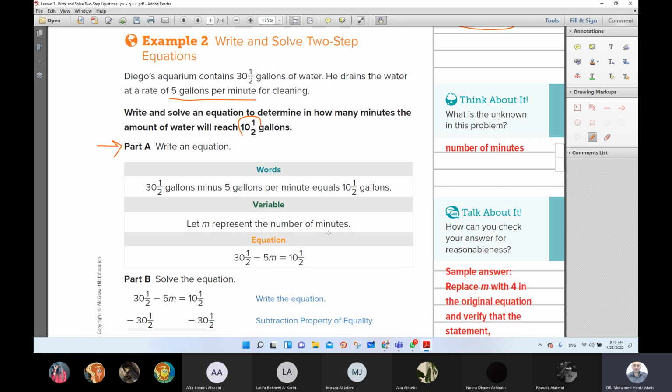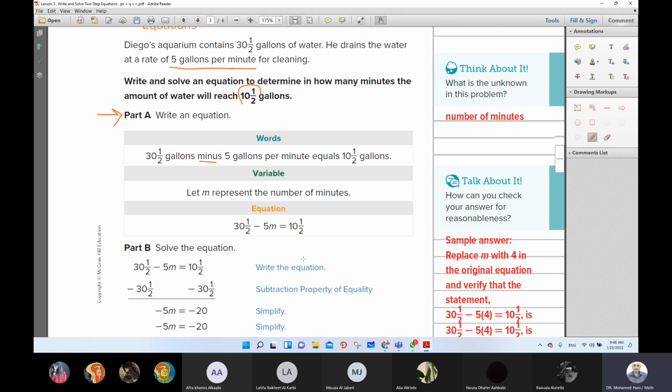So let M represent the number of minutes. So the equation will be 30.5 minus 5 times the number of minutes, which is M, 5M, equals 10.5. So this is the equation.